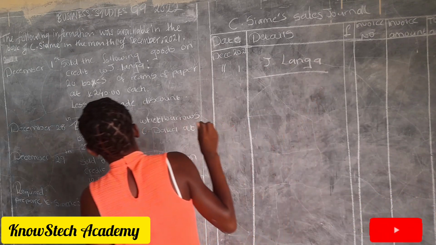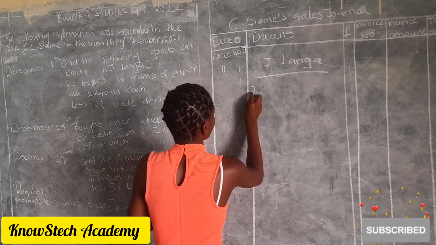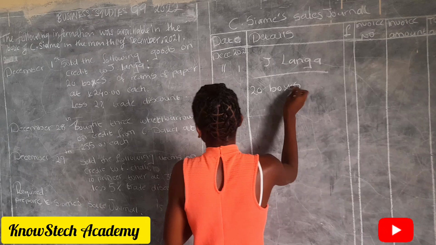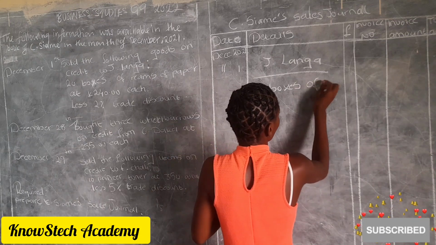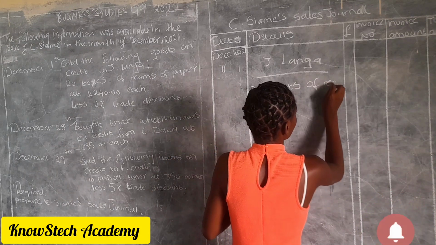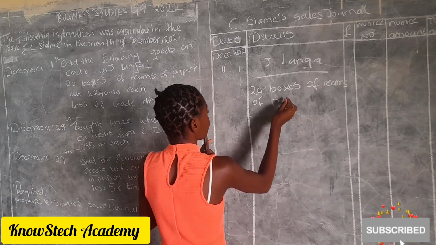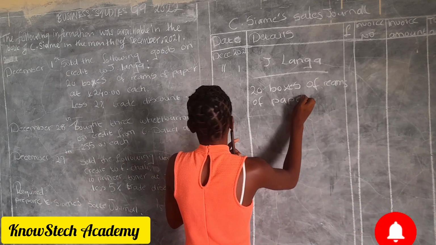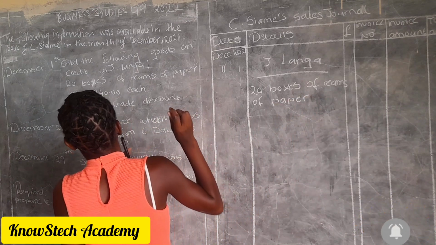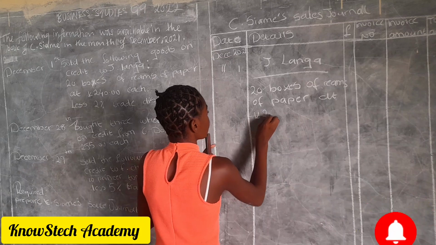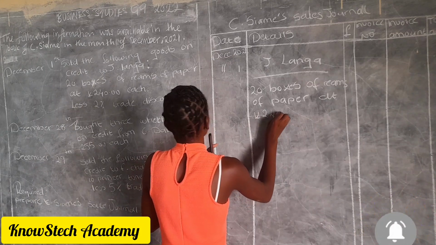The items that he bought are 20 boxes of reams of paper at 240 each.